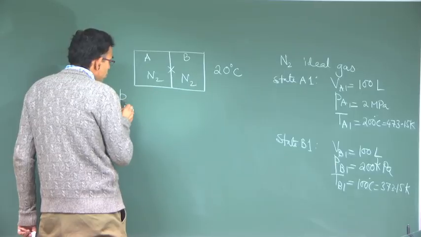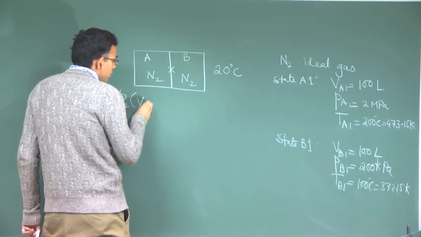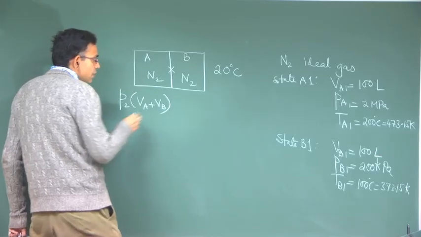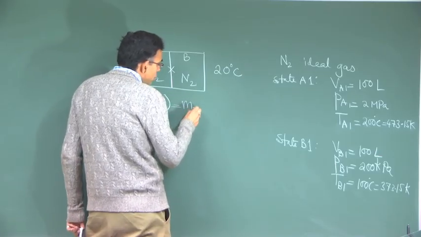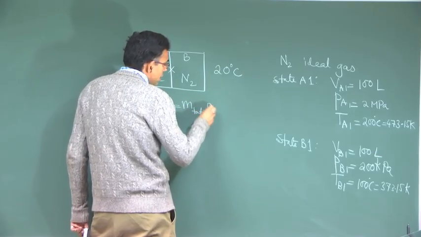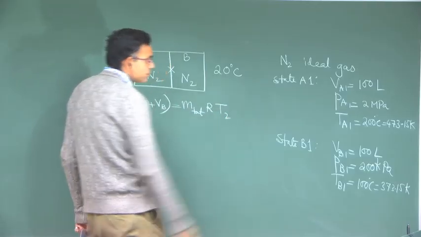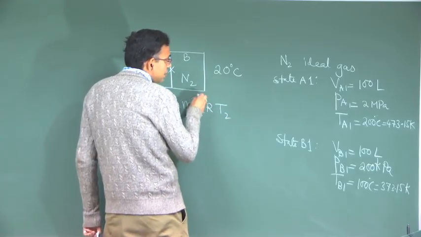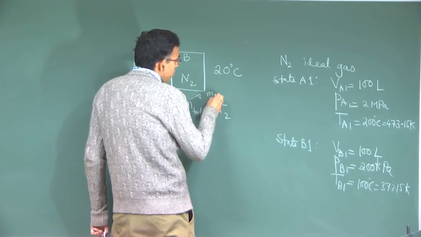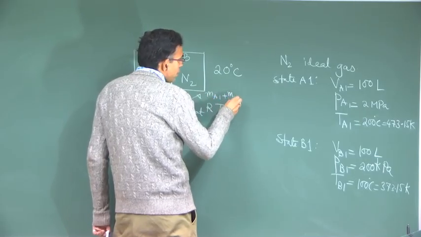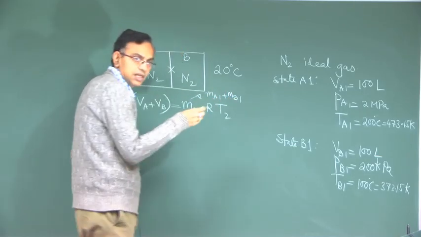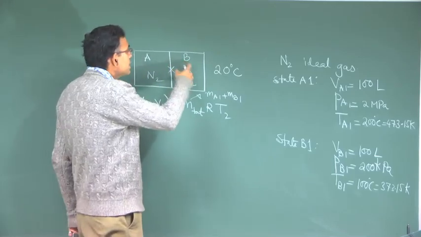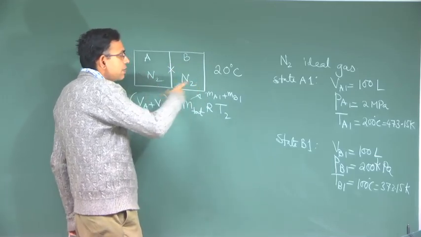So, P2 into Va plus Vb, that is the total volume, is equal to M total R T2. M total is nothing but Ma1 plus Mb1, because total mass does not change, it is just a redistribution of mass. Whatever is the mass within the chamber does not change.